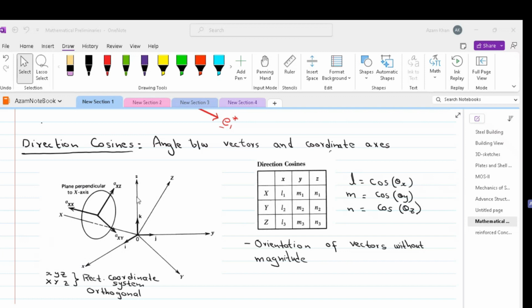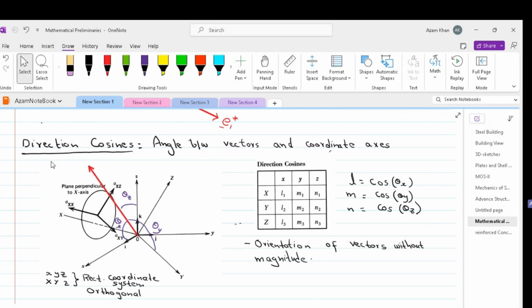So in the figure, we have a set of orthogonal axes, which is small x, small y, and small z. And we have another inclined set of orthogonal axes, which is capital X, capital Y, capital Z. The directional cosines help us describe the orientation or direction of a vector in these spaces, or they are used to represent the angles between the vector and the coordinate axes.